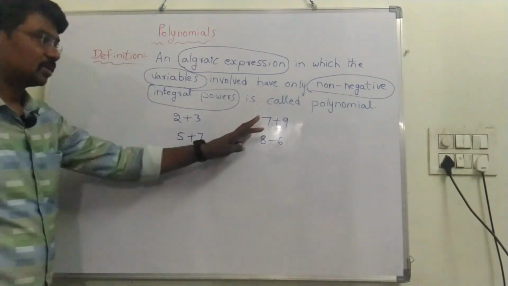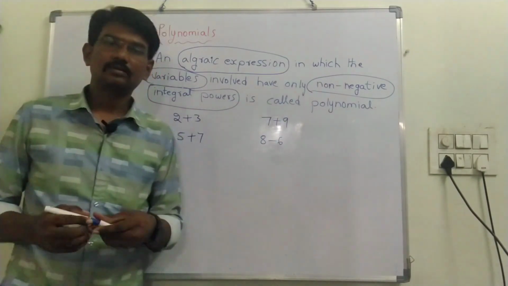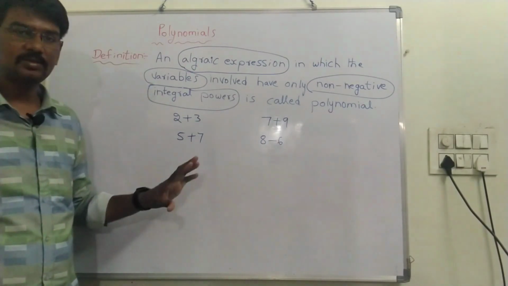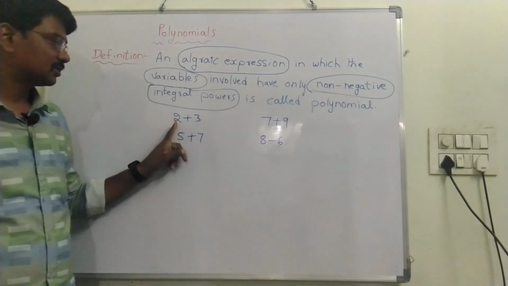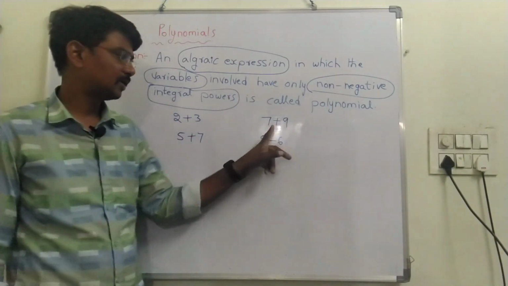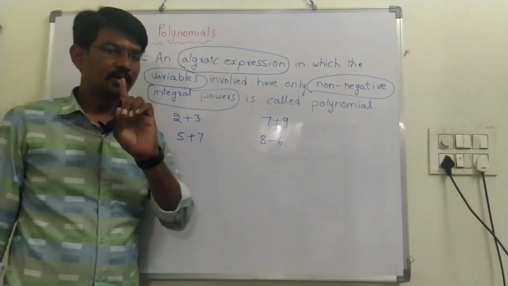Observe all these 4 expressions. What is included in these expressions? Only numbers: 2, 3, 5, 7, 7, 9, 8, 6. All these are numbers.